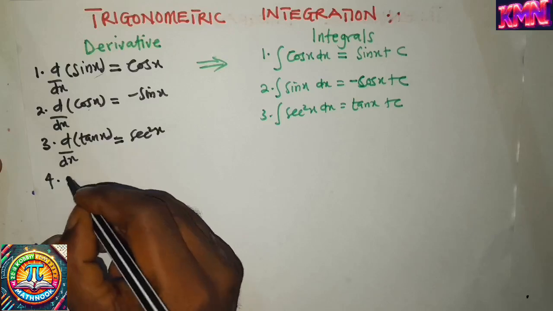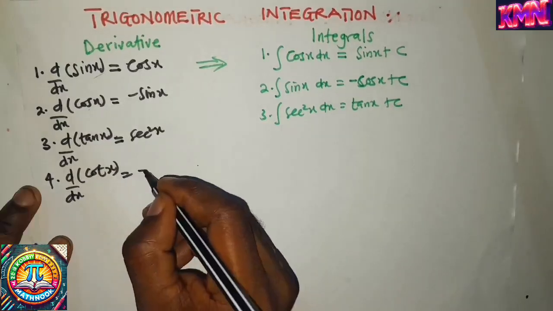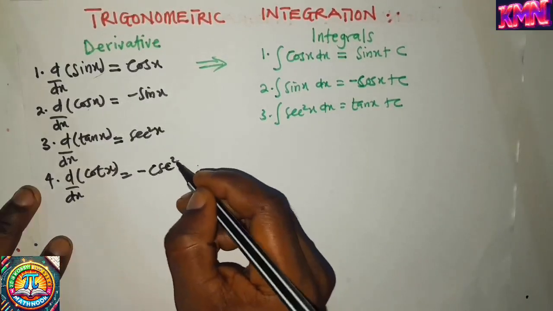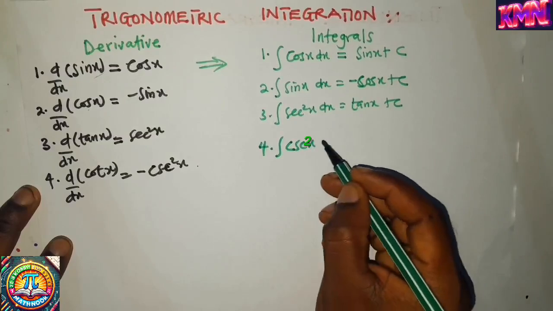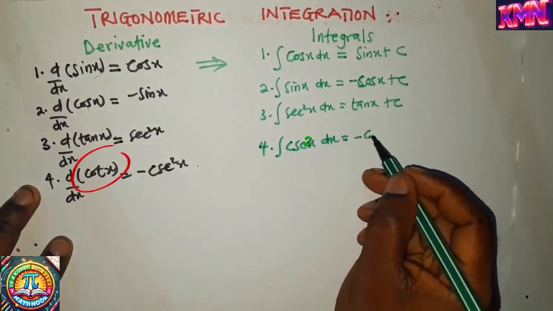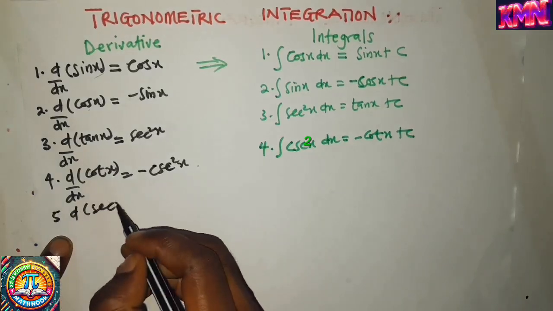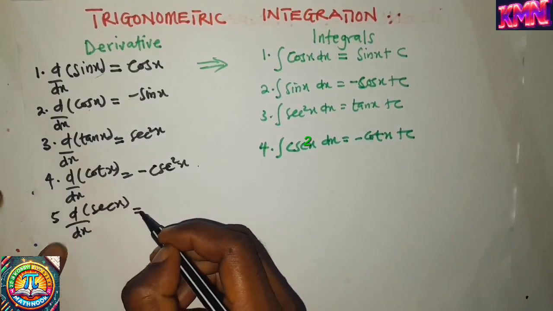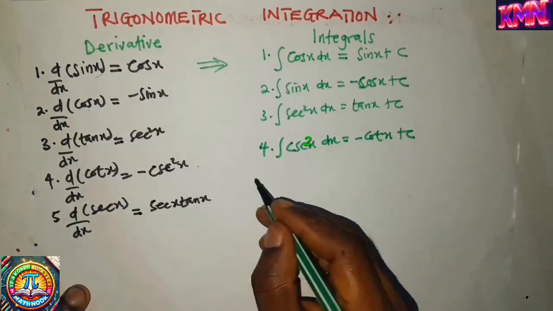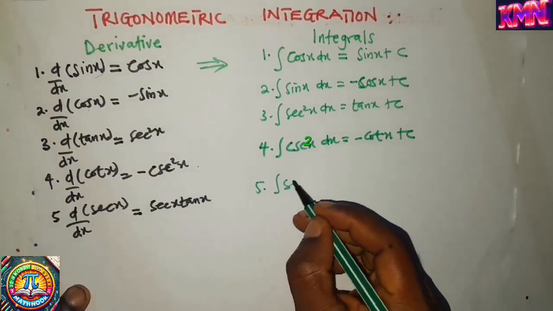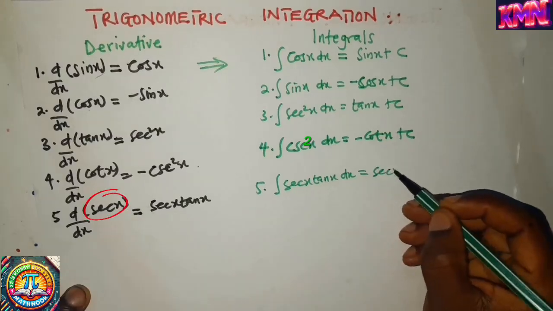And number 4, the derivative of the cotangent of x with respect to x is negative cosec square x, which implies that if we have the integral of cosec squared x dx, it will produce negative cotangent x plus c. Number 5, the derivative of sec x with respect to x is sec x tan x, and that means the integral of sec x tan x dx gives sec x plus c.